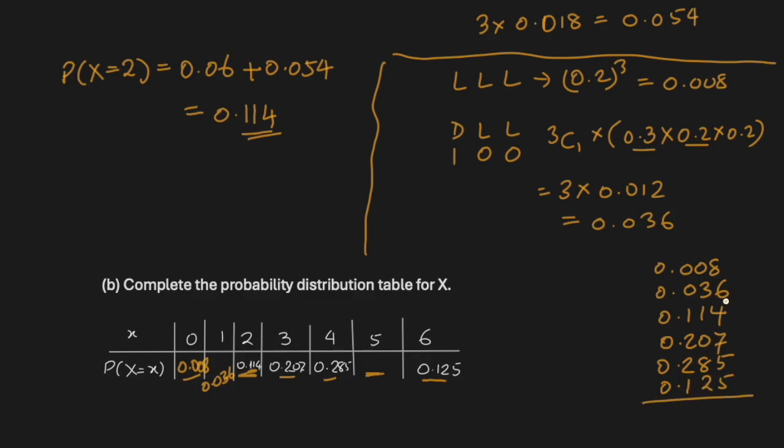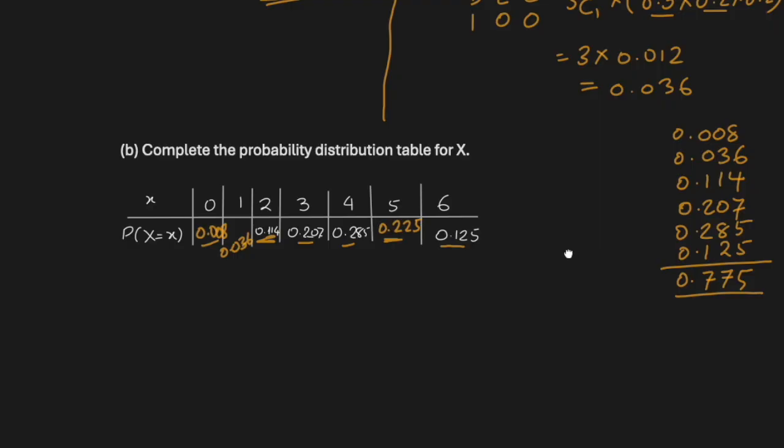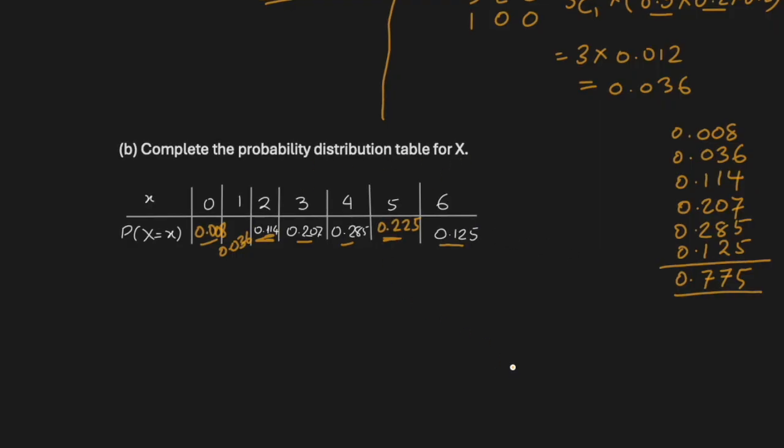Let's add all of them and subtract from 1. I got 0.775, and if I subtract it from 1, I get 0.225. I could have used the same logic I used for the others, but this is the easier way out. So I've completed the probability distribution for X.